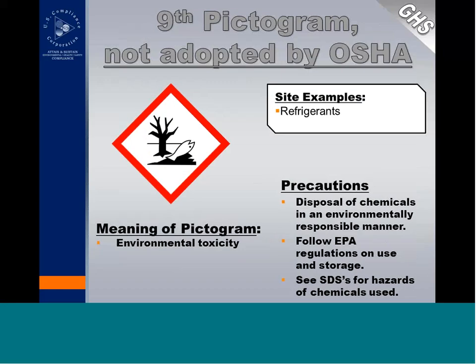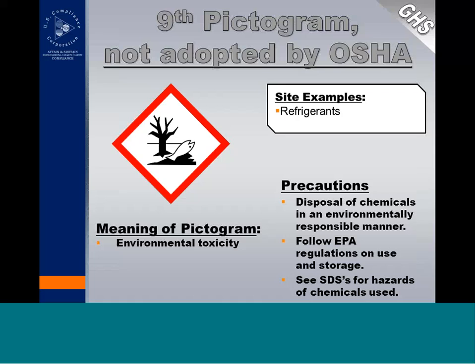And finally, the only pictogram that has not formally been adopted by OSHA, because OSHA does not have jurisdiction over environmental hazardous materials, is this environmental toxicity, where we have our dead fish, dead tree, meaning that it's extremely hazardous to the environment.